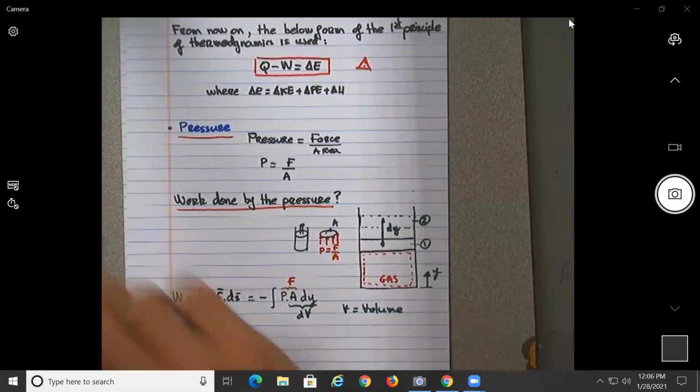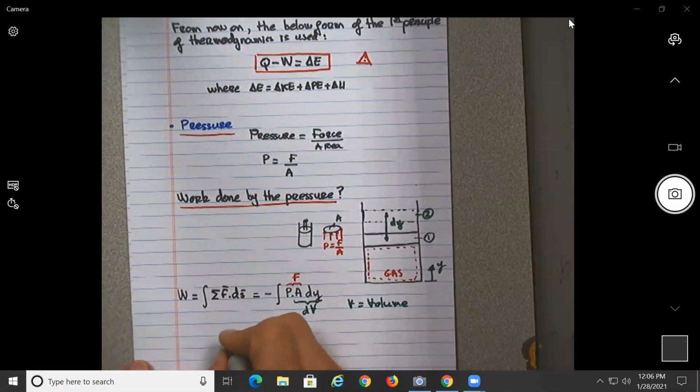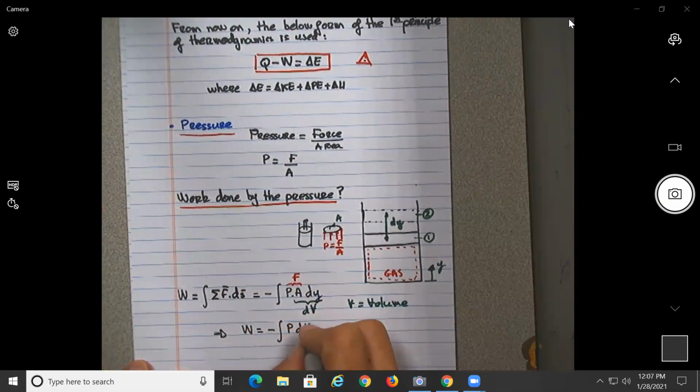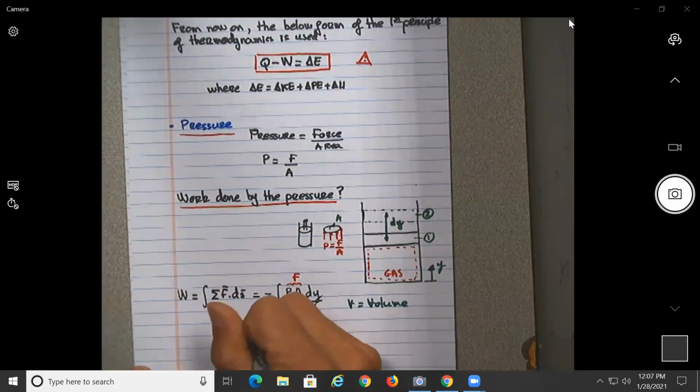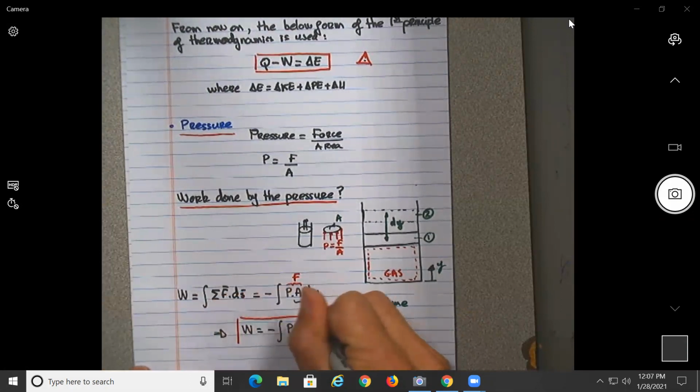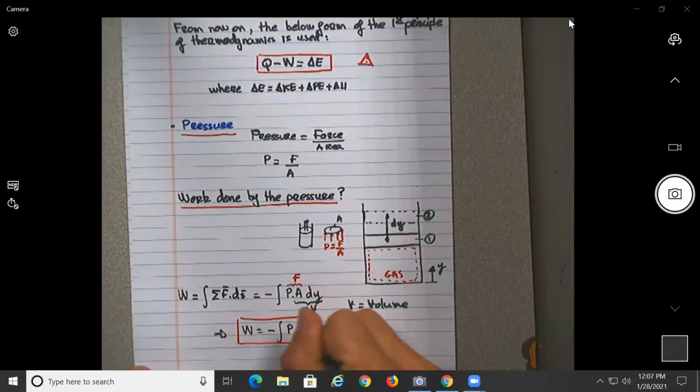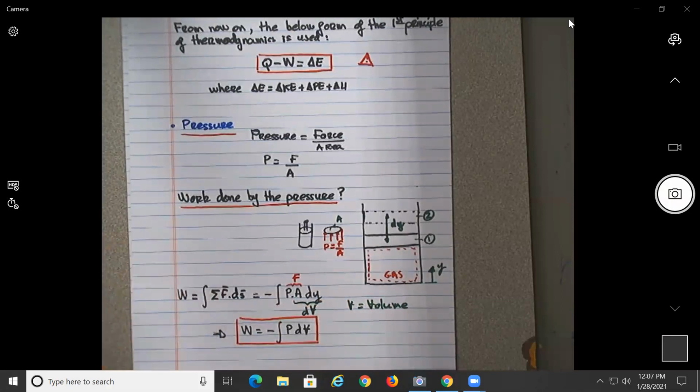So at the end, we have that the work done by the pressure is equal to minus the integral of P dV. And now, what happened?